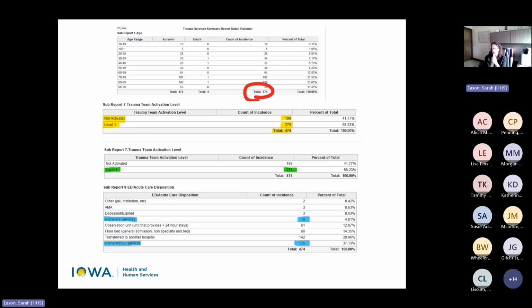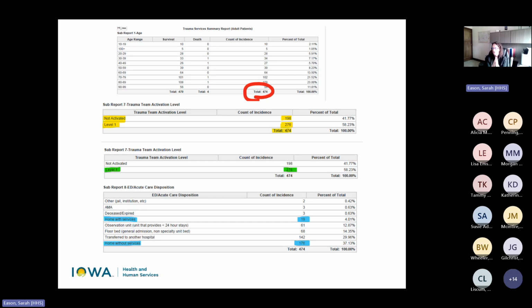Then you're looking at the ones that weren't called and should have been called, and the ones that were called but didn't meet your criteria. And that is the number that needs to be filled into that line item on your SACA, because we are talking about the ones that truly met your alert criteria here. So there's not just a number that can be spit out from subreport 7 on that. Does that make sense?